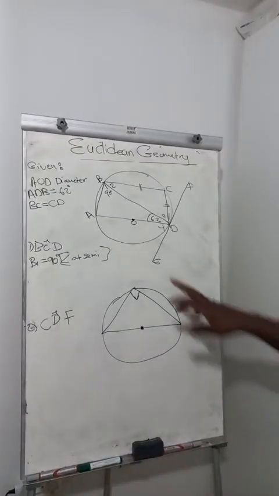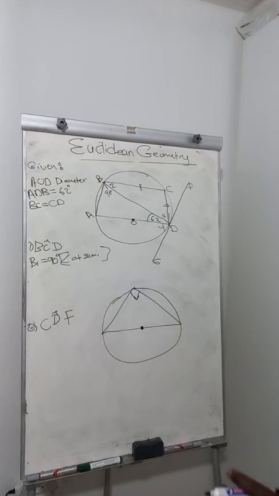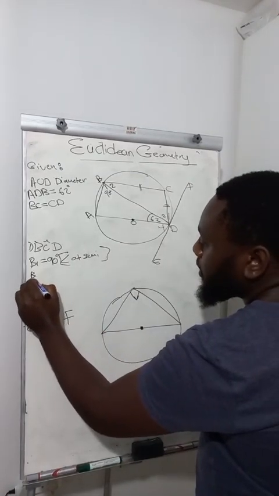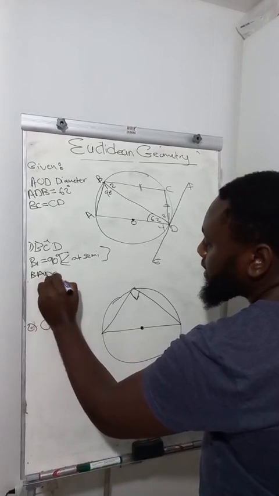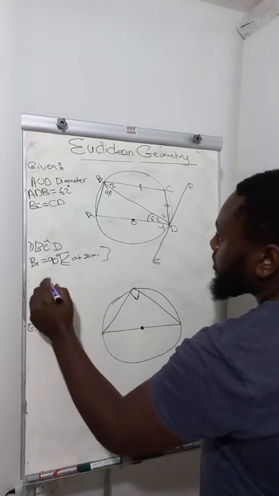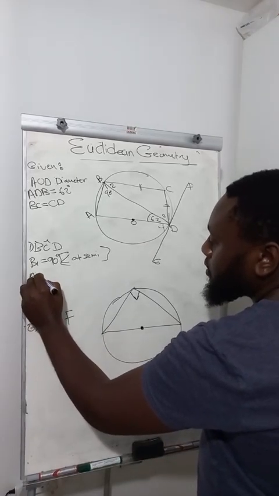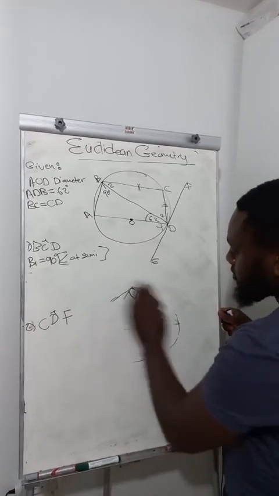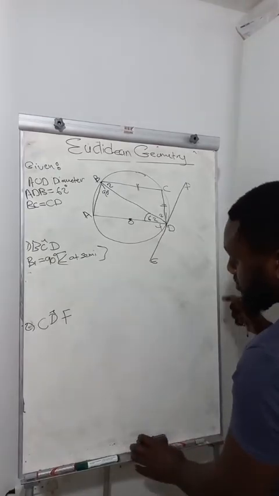Now, because you got this as a 90, there's something else which you can say now. What does it mean to BAD? Let me not jump steps here. Let me write it here.